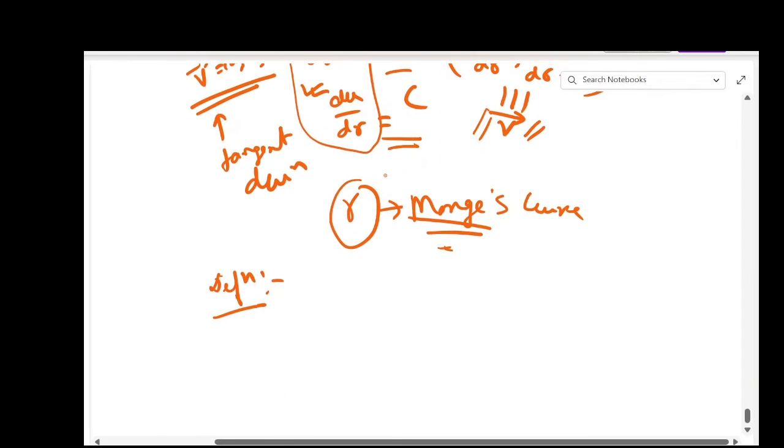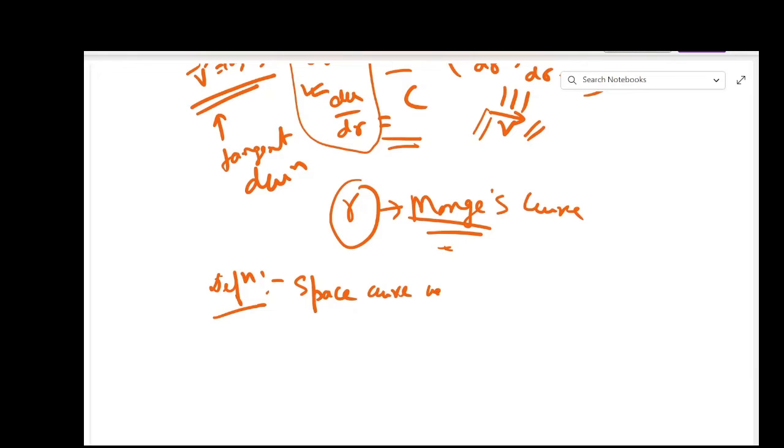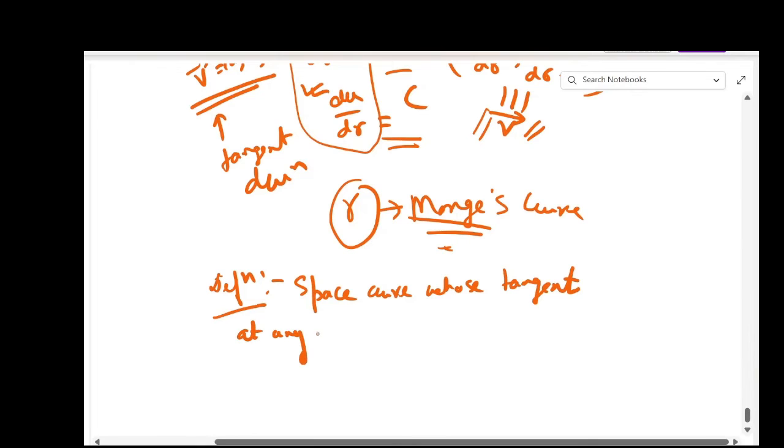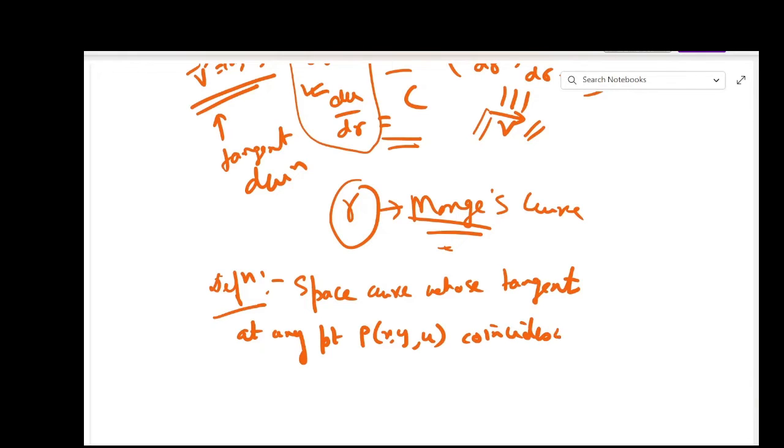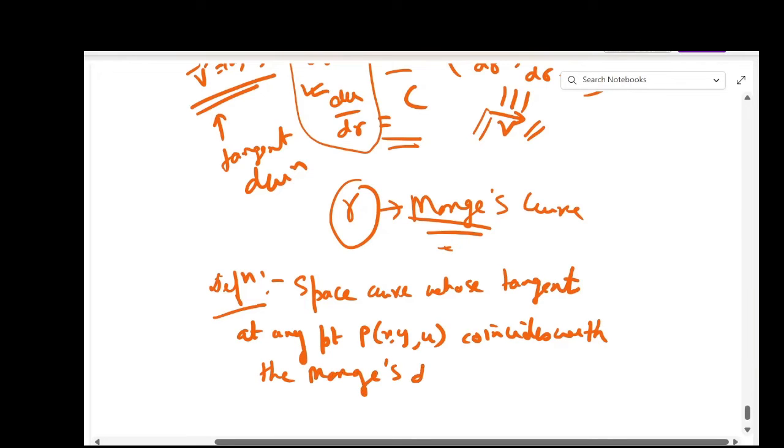So let me define the Monge's curve. Monge's curve is a space curve, as we are working in the entire three-dimensional space right now, whose tangent at any point P(x, y, u) coincides with the Monge's direction. That is said to be the Monge's curve.